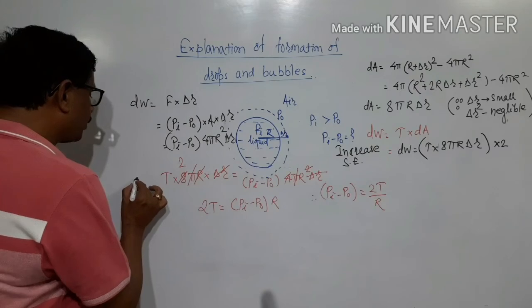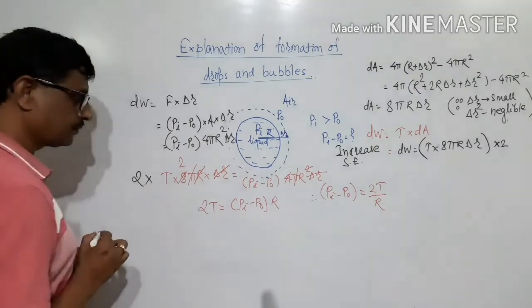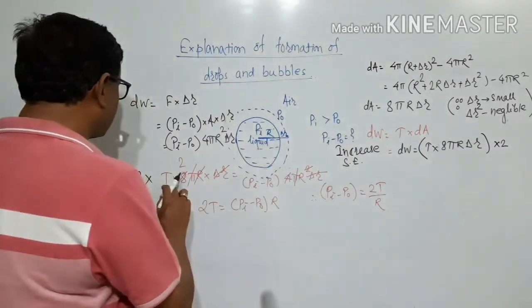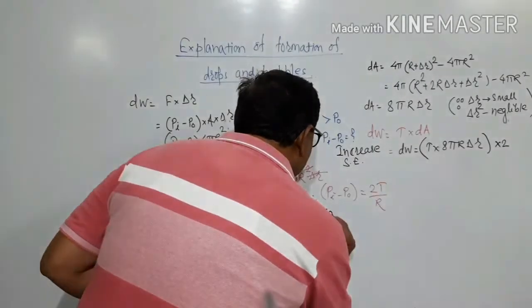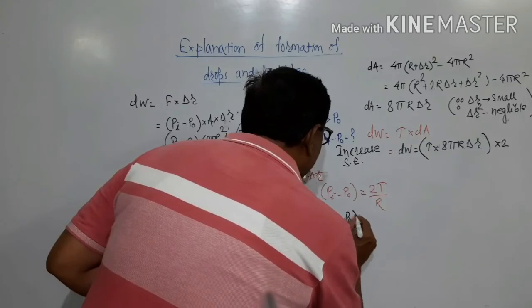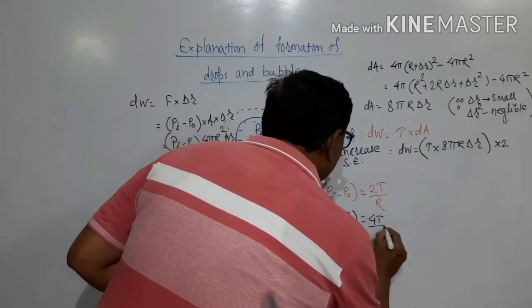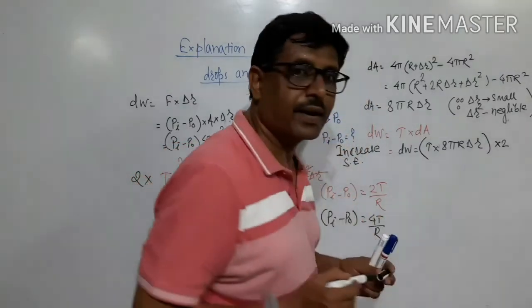If I take twice of this, you will get 2 into 2, which is 4, therefore the excess of pressure inside the soap bubble is 4T divided by capital R.